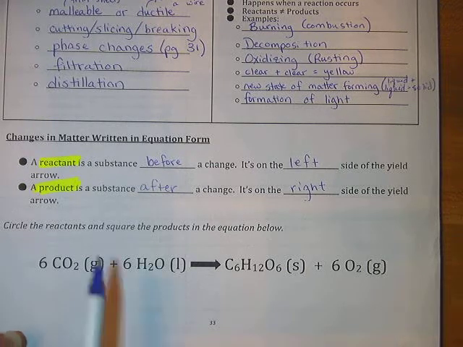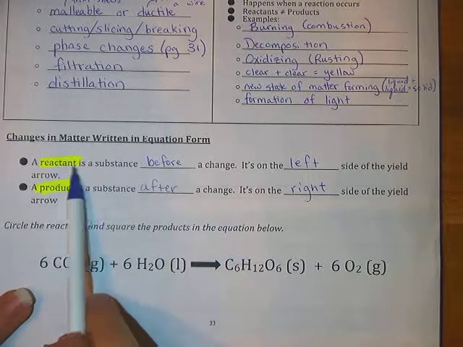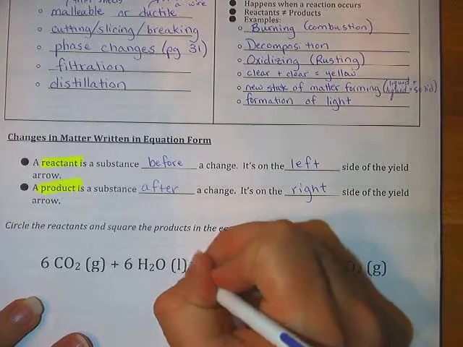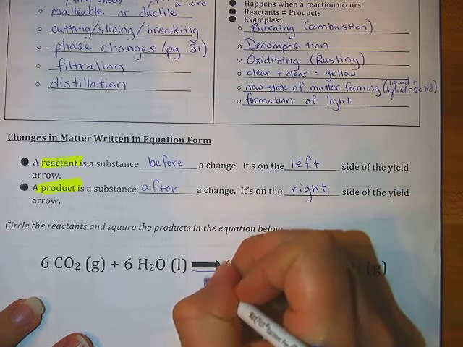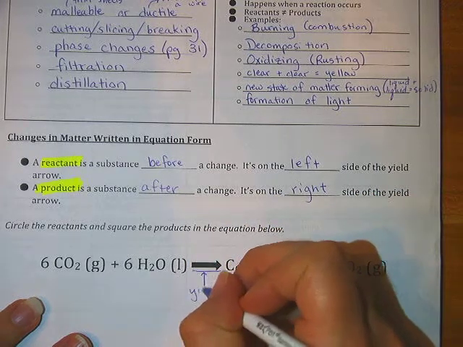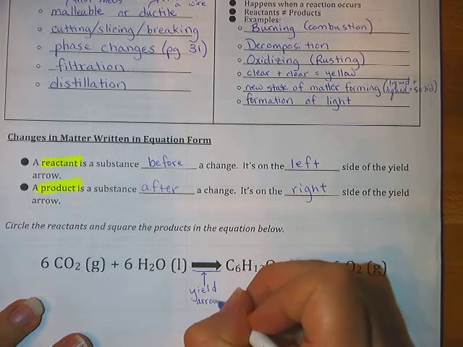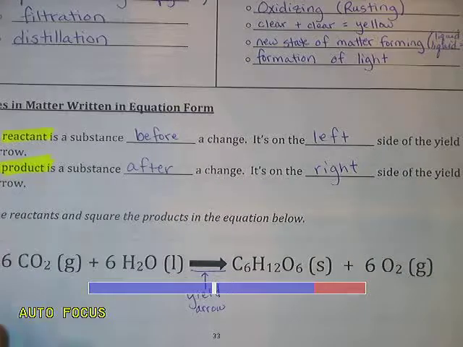It says circle the reactants and square the products in the equation below. Reactants are the things before the change on the left side of the yield arrow. This thing right here, that's called a yield arrow. That word yield, it's not like when you're driving. It means makes. Like if you have ever cooked, a recipe might yield 2 dozen cookies or yield 8 servings.